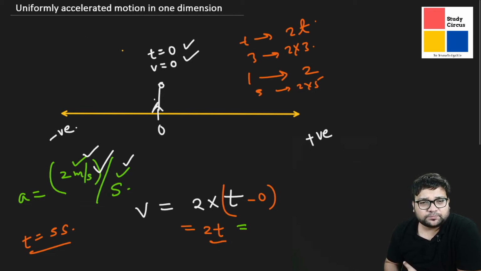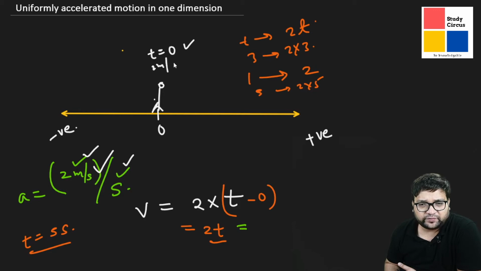And let's assume this boy was already having some velocity initially. If it was not 0 but rather something, let's say u velocity, initial velocity, it was already moving with some speed, let's say 2 meters per second.